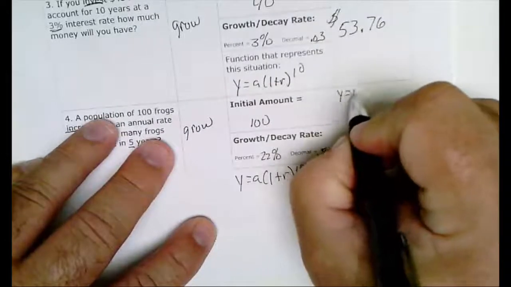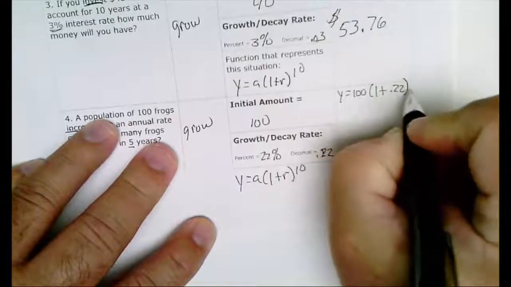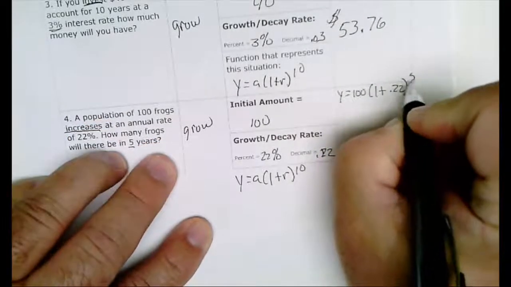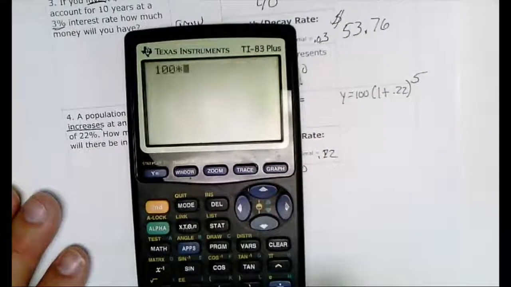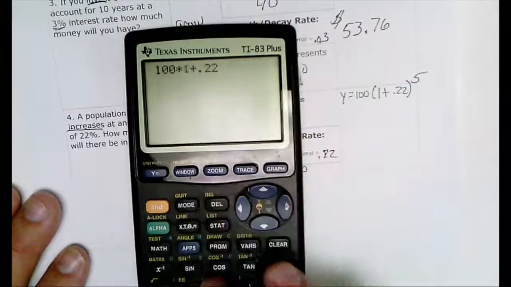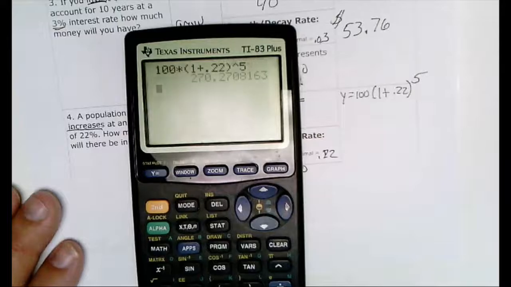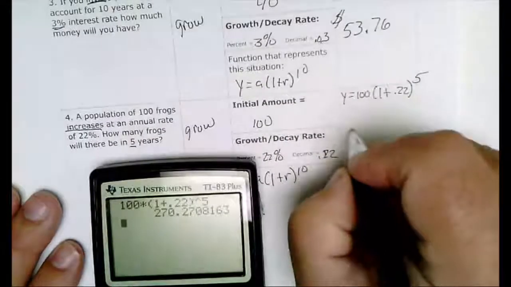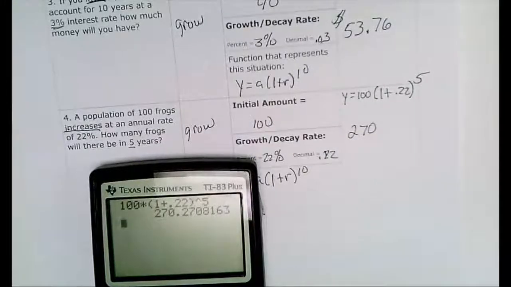Y is equal to 100 times 1 plus 0.22 to the years, that's 5. And again, let's do this, 100 times 1 plus 0.22. Oops, I didn't add my parentheses. Adding the parentheses is going to be key here. To the 5 power, because it's only 5 years. And the population will be 270 frogs. Okay, I can't have 0.27 of a frog.